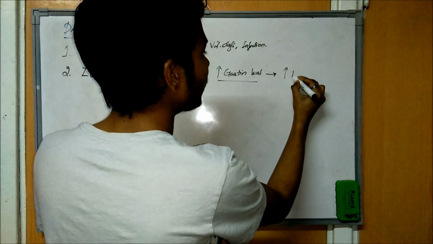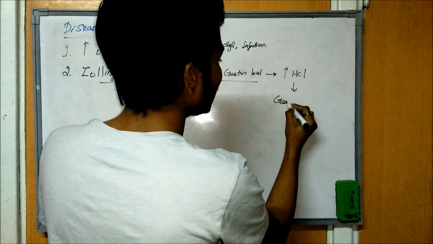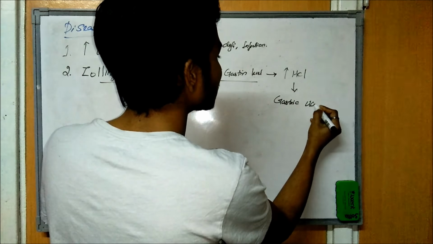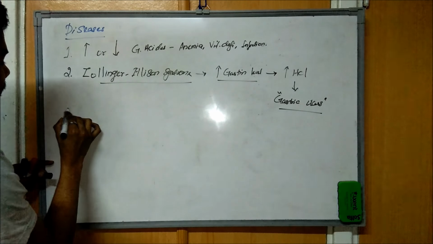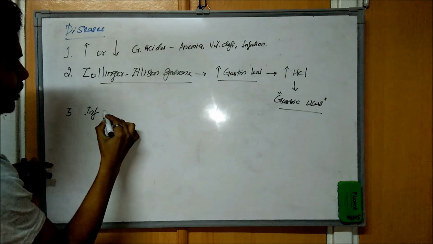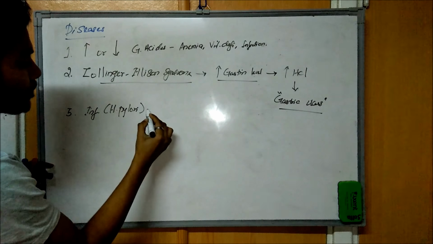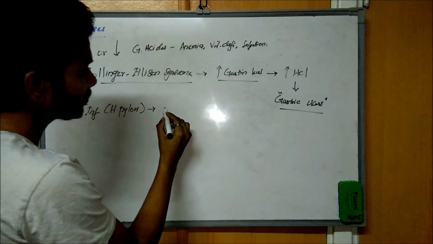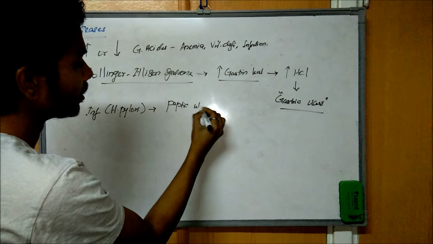So there is an increasing level of hydrochloric acid in the stomach, and it leads to gastric ulcers. When there is an infection, especially Helicobacter pylori, it leads to peptic ulcers.